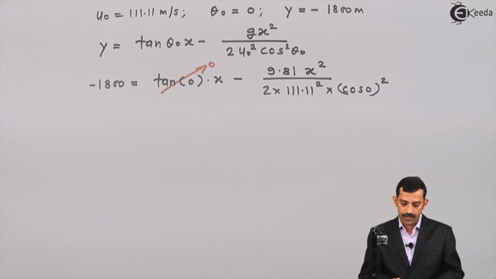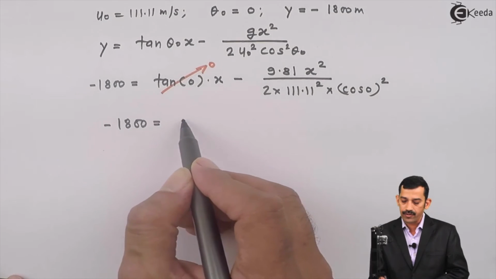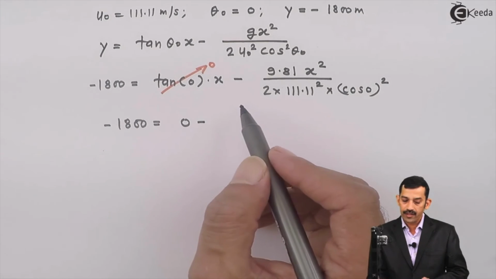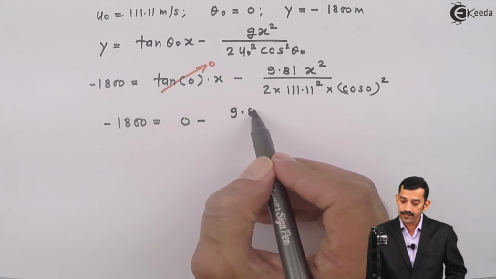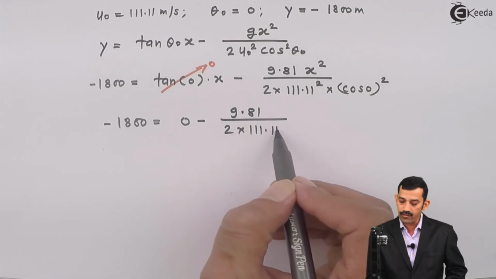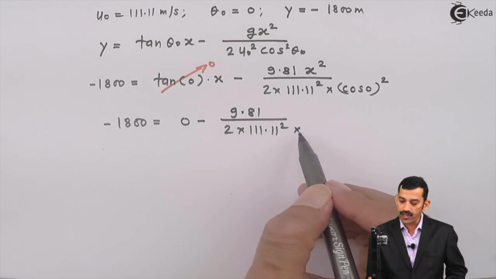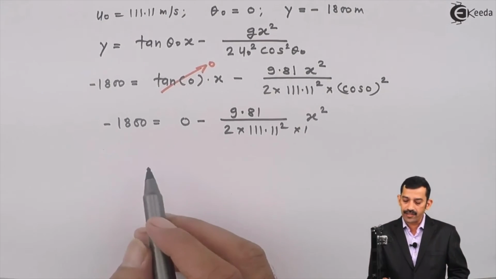So this term is written as 1800 equal to 0 minus, now 9.81 divided by 2 into 111.11 square, cos 0 is 1, multiplied by x square. That means simply minus minus gets cancelled.